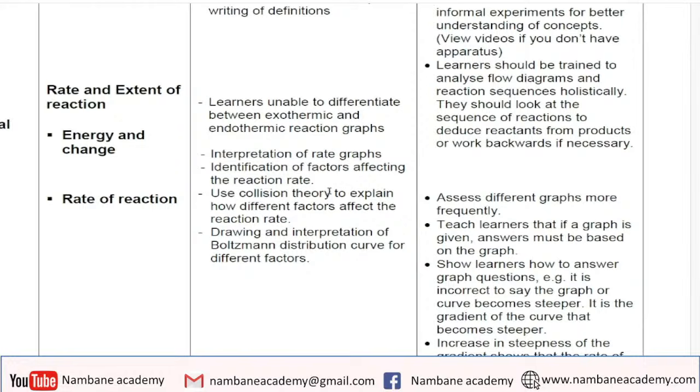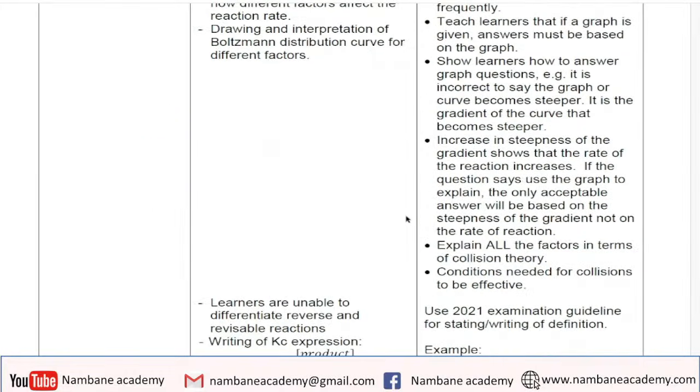And also this question may come in the form of an investigative question. If it comes in the form of an investigative question, it means the factors that affect the rate of reaction are your independent variable.